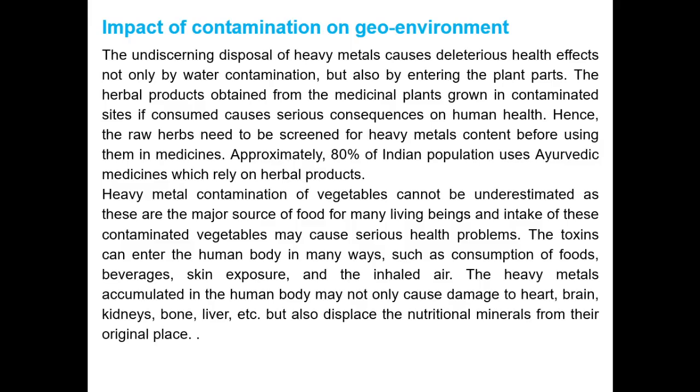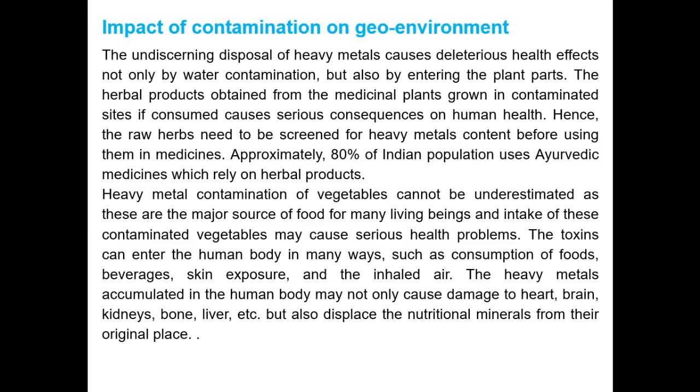Heavy metal contamination of vegetables cannot be underestimated, as these are the major source of food for many living beings, and intake of these contaminated vegetables may cause serious health problems. The toxins can enter the human body in many ways, such as the consumption of foods, beverages, skin exposure, and the inhaled air.